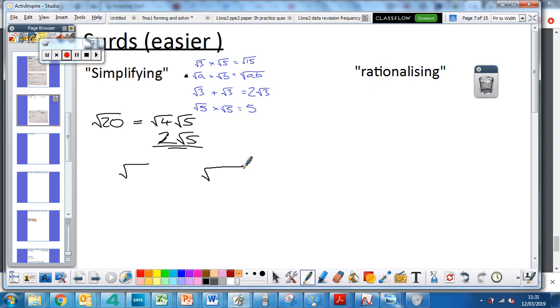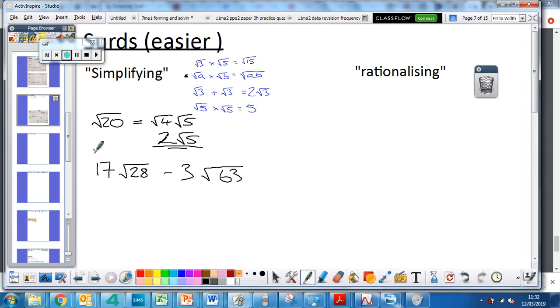So for example, this could be 28. And the one over here could be, let's think, 63. And you might have something like 17 of those, take away 3 of those. And you might be asked to simplify that.